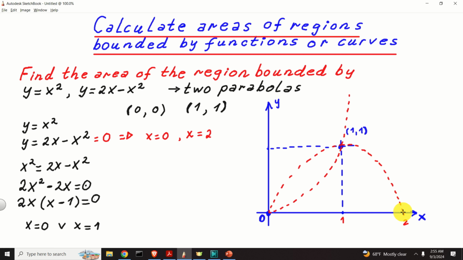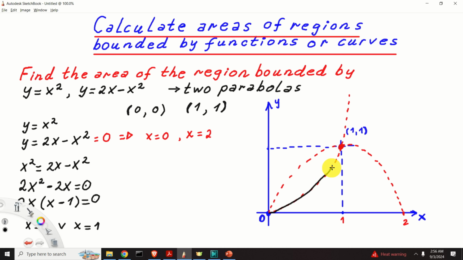And here it is. The maximum of the function y is equal to 2x minus x squared is going to be at this point. Here for clarity, let's use different colors to denote the two functions. This is our first function.